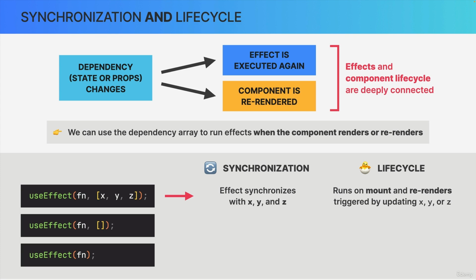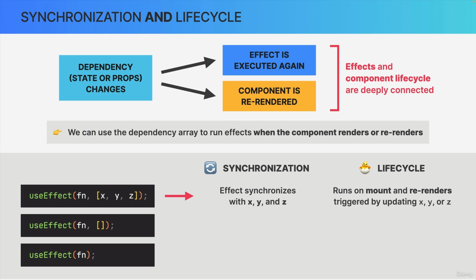So, again, just to make this crystal clear, the effect will be executed each time the component instance is being re-rendered by an update to x, y, or z. But if some other piece of state or prop is updated, then this particular effect will not be executed.